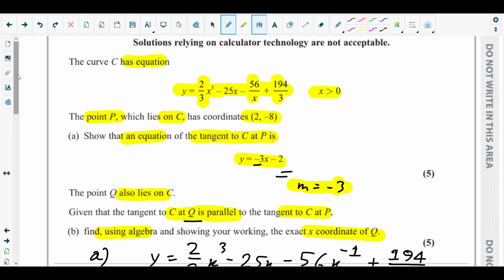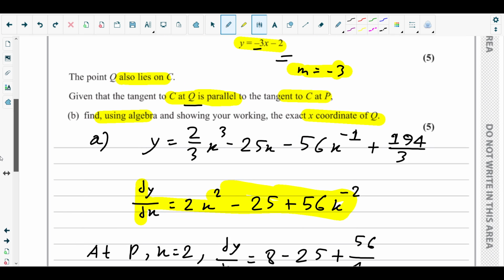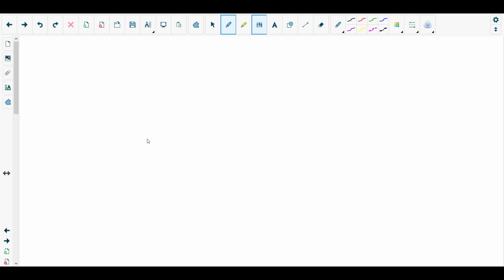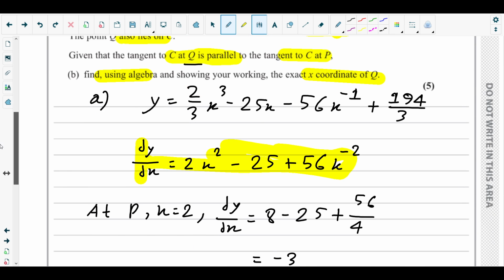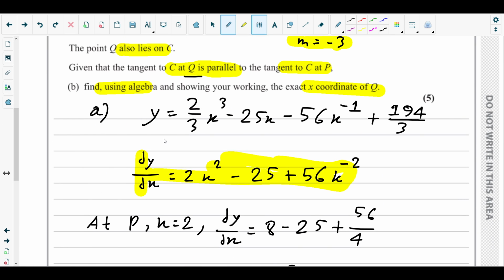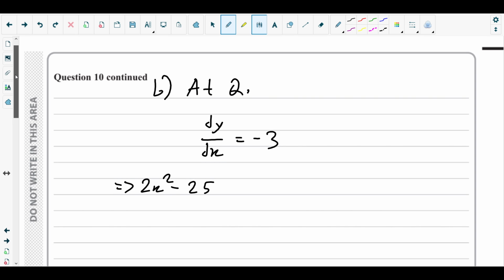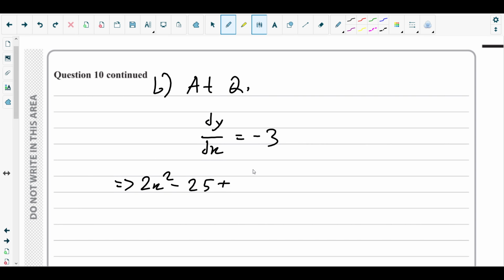The gradient function of the curve in part A was 2x squared minus 25 plus 56 over x squared.